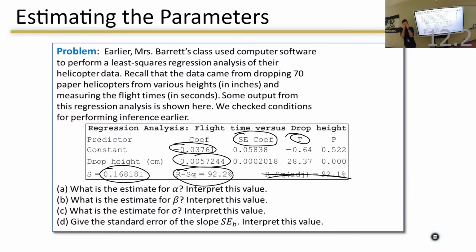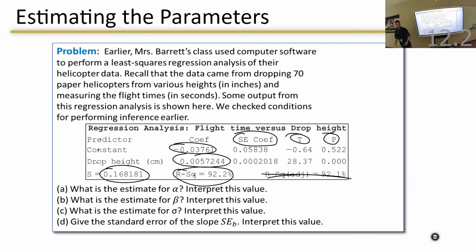I'm sorry. It's the t-test statistic, which is different than the critical value. That is the t-test statistic. And then here is the p-value that goes with that t statistic. Okay, with t being 28, the p-value is really, really, really small.